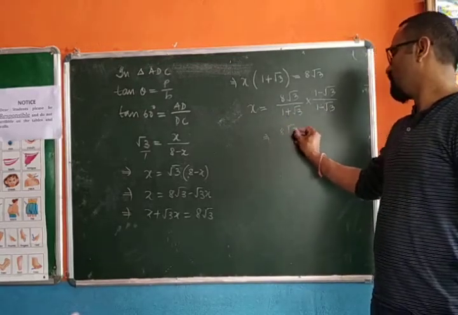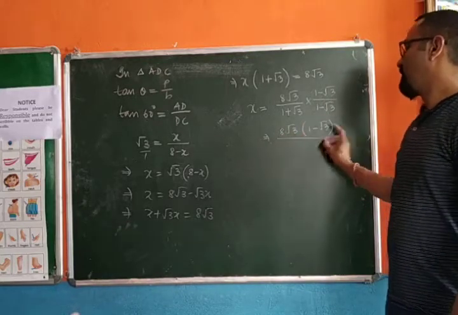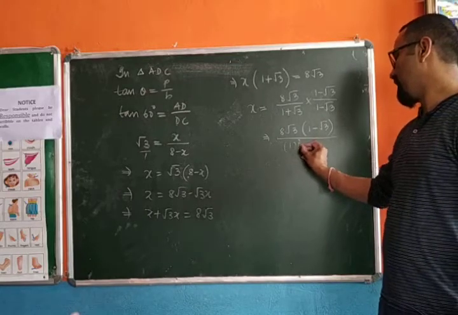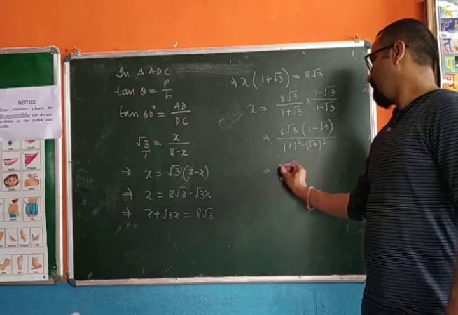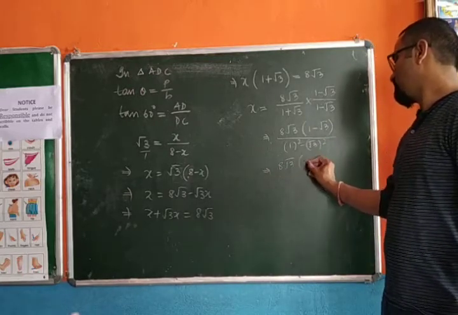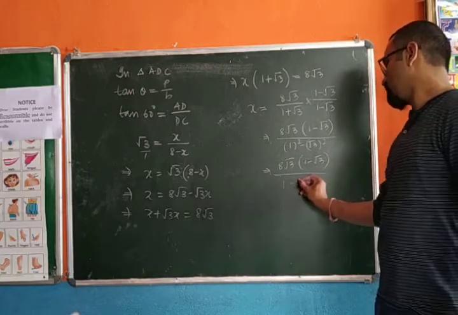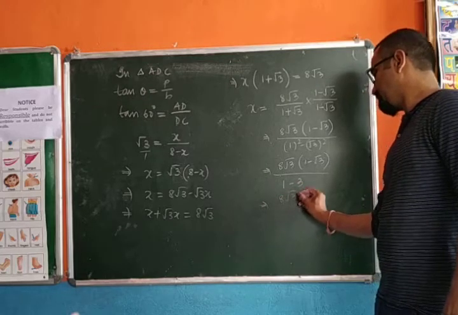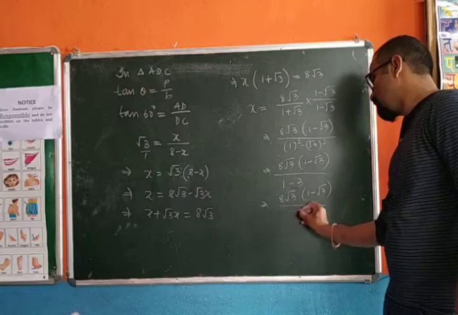8 root 3 you write as it is, times 1 minus root 3. A plus b, a minus b, so it will be 1 whole square minus root 3 whole square. 8 root 3, 1 minus root 3, over 1 minus 3. 8 root 3, 1 minus root 3 divided by minus 2.